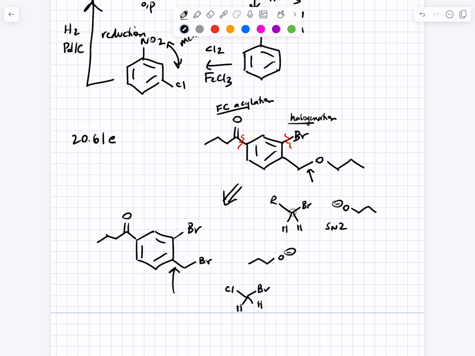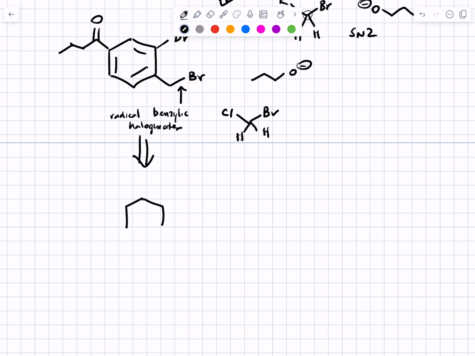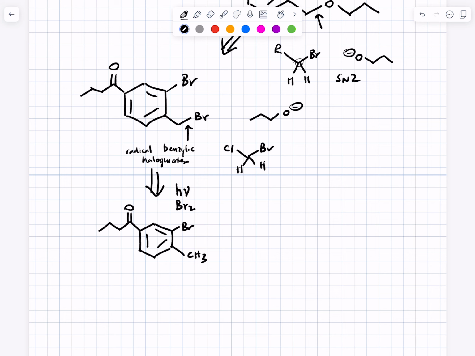That's one of these reactions we learned that you can follow up a Friedel-Crafts alkylation with. So that's using light, UV light, and bromine, and the starting material is just the corresponding alkyl group. And remember, that works because the benzylic position is really reactive to radicals because you go through an intermediate that's a resonance stabilized benzylic radical.